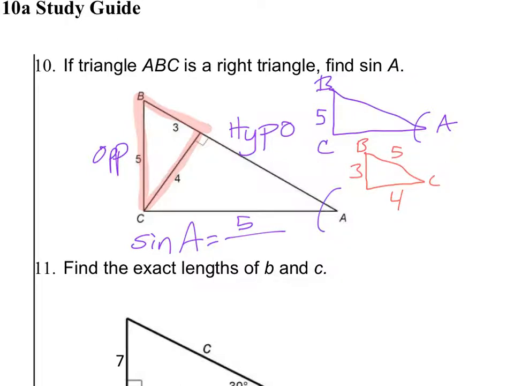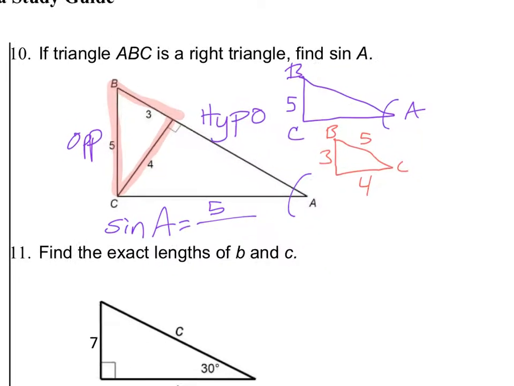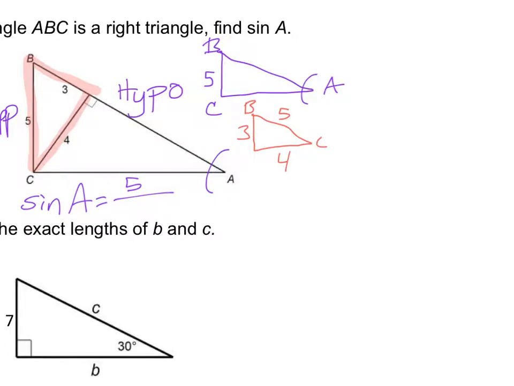So I know that the hypotenuse of what I'm looking for, we're going to just call that H. I know that H is to the hypotenuse of this one as my side opposite is to, notice it's my short side, so my short side is 3.